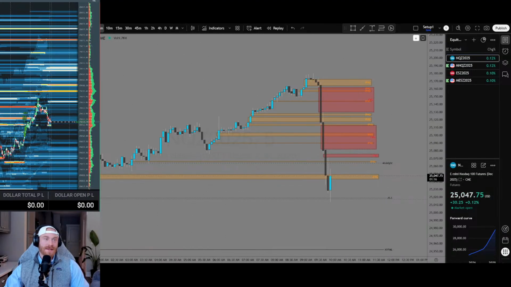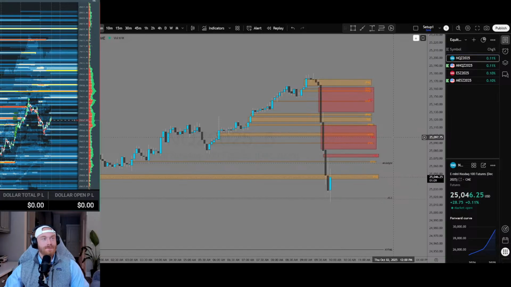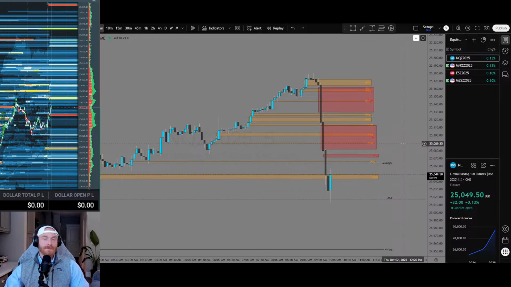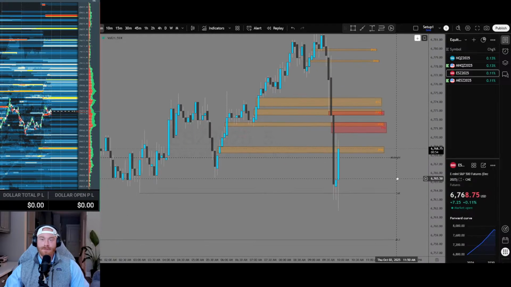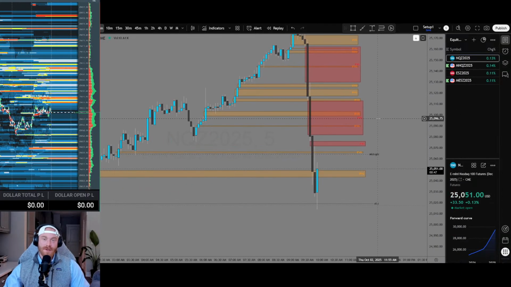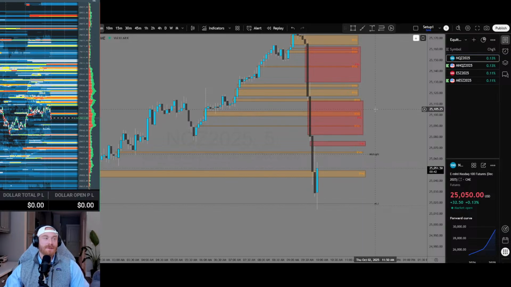Touch back into this 5 minute and then go lower. Put a limit order in at CE of this 5 minute right here. Put a limit order for 5 minis on go short.